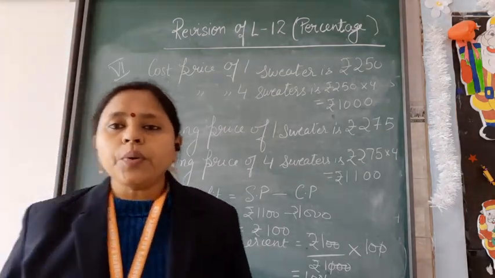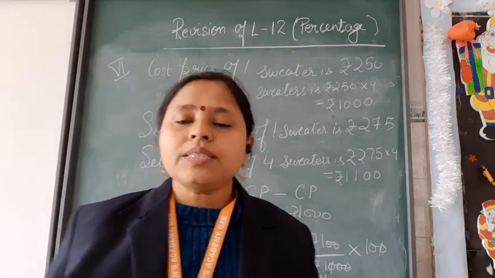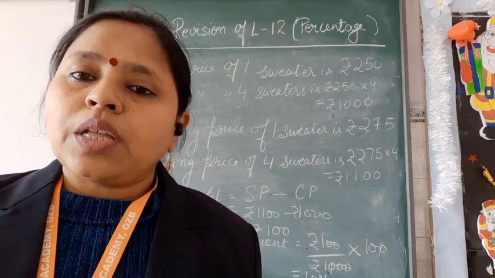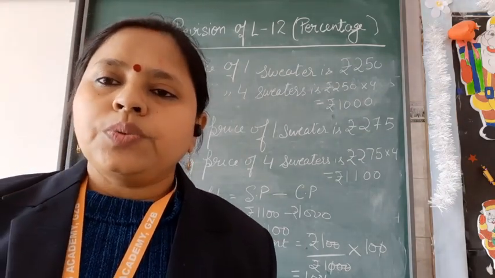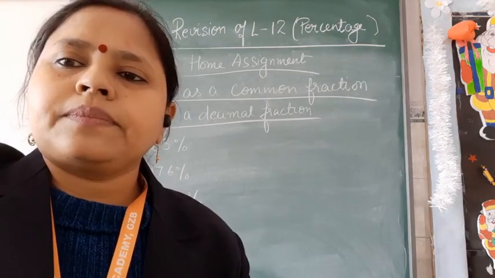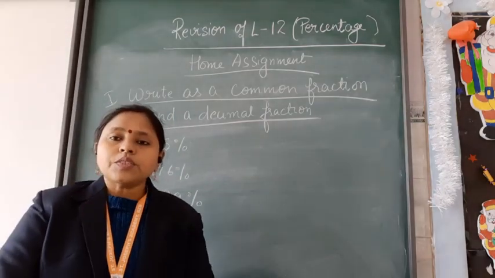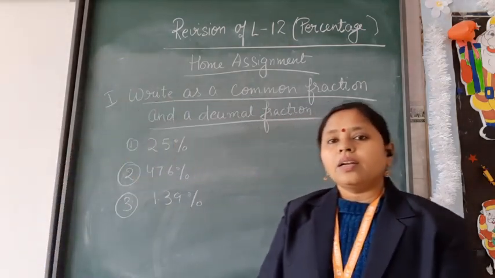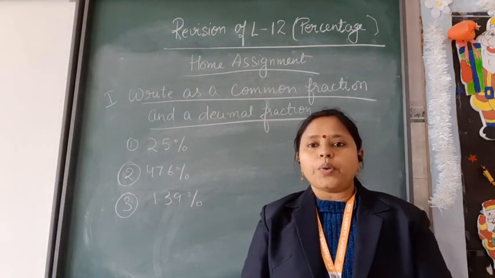So children, I hope you have understood all the sums which have been explained in this video lesson. So now let us come to the home assignment. So now children, this is your home assignment which you are going to do in your maths homework copy on your own.